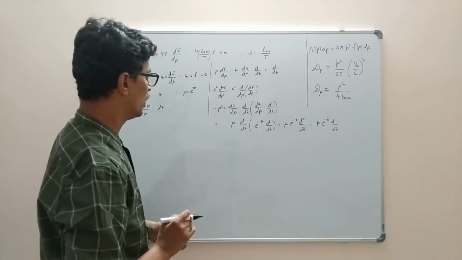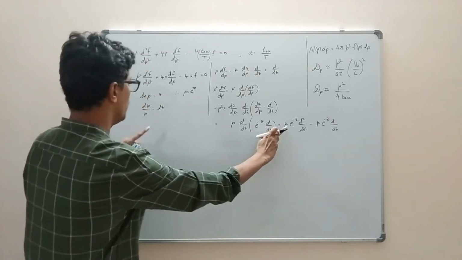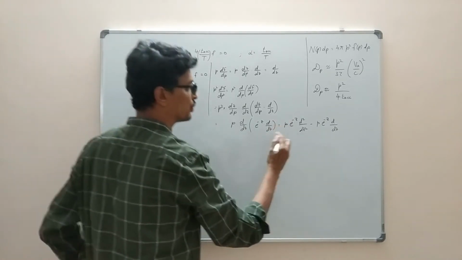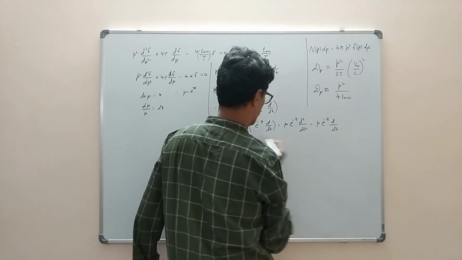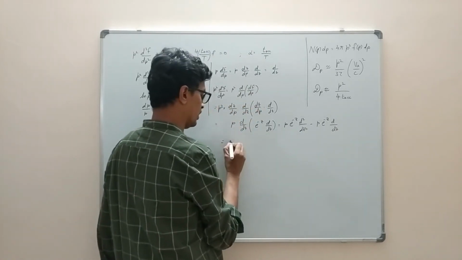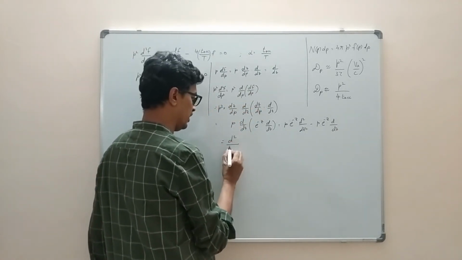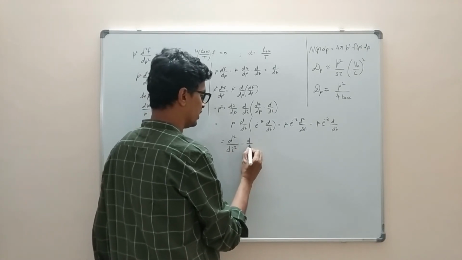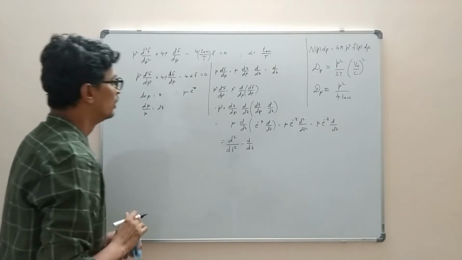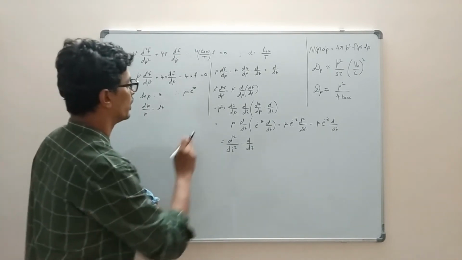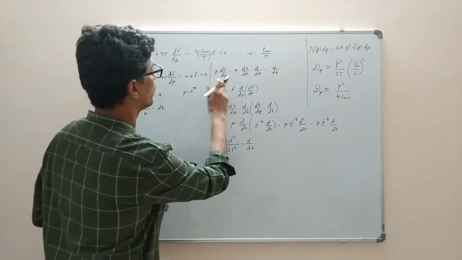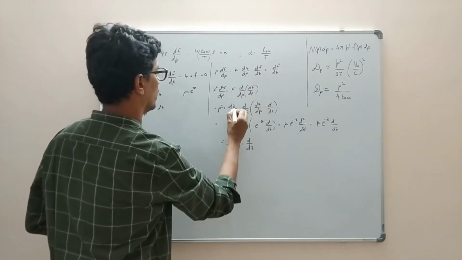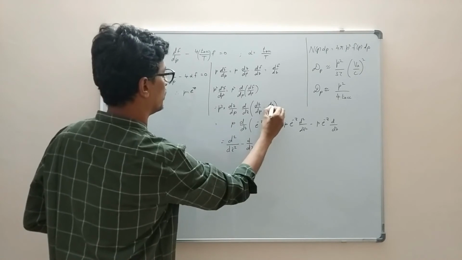Now e power minus z is nothing but 1 by p, so this cancels off, and this also cancels off, so this is going to be d square by dz square minus d by dz. Oh sorry, I have taken the f here, so this f is there everywhere. So df is there, sorry.